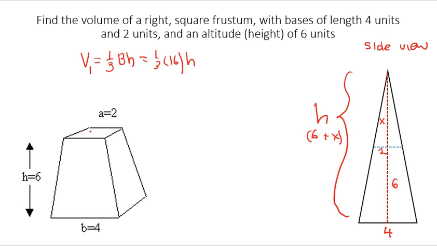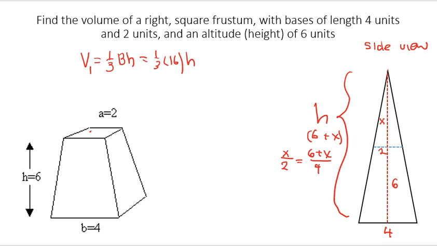Setting up the proportion, I know that the height of the smaller triangle on the top, which I'll say is x, over the base of the smaller triangle, which is 2, equals the height of the entire triangle, which is 6 plus x, over the base of the entire triangle, which is 4.